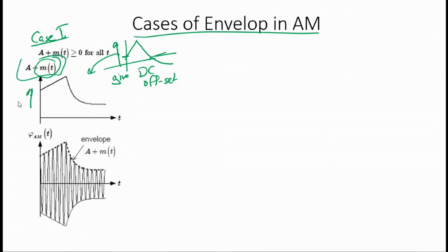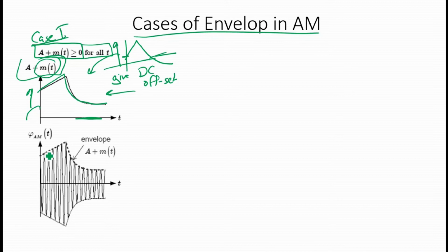So now this is moved upward by A units. That is the DC offset. And since it is now moved upward, there is no point in this signal which is going below 0, right? So that means A plus m of t is always greater than 0 for all values of t.